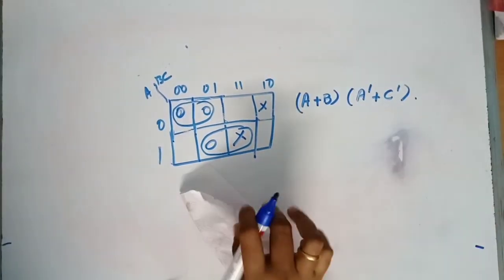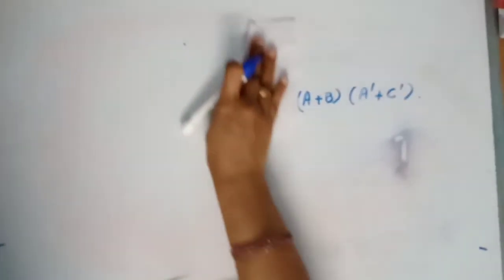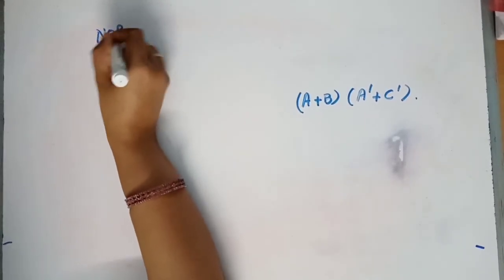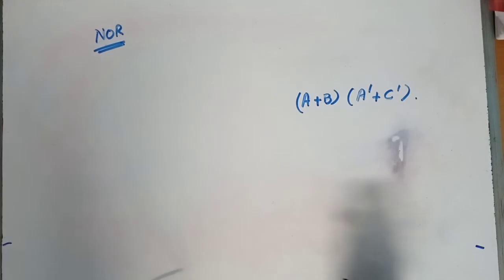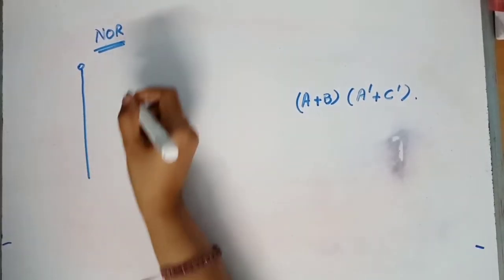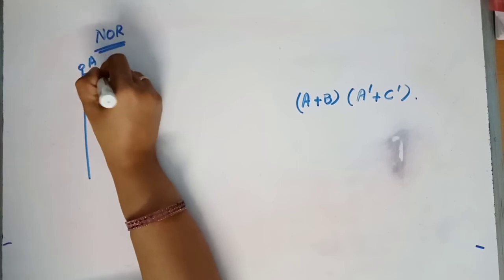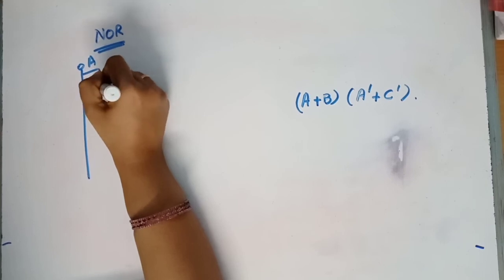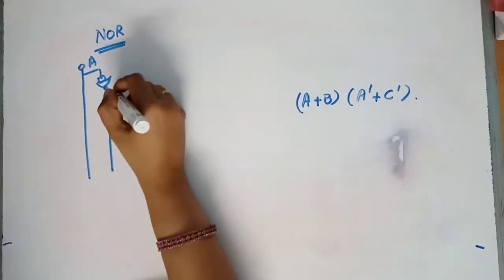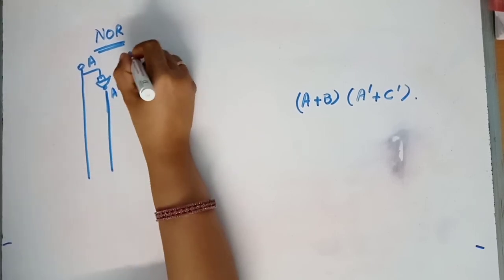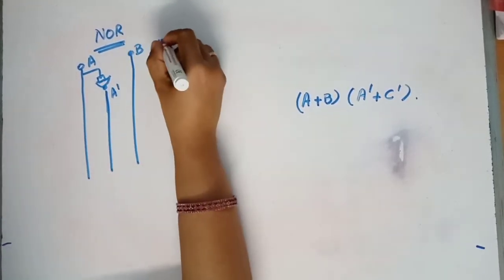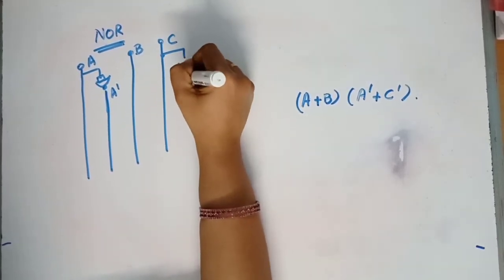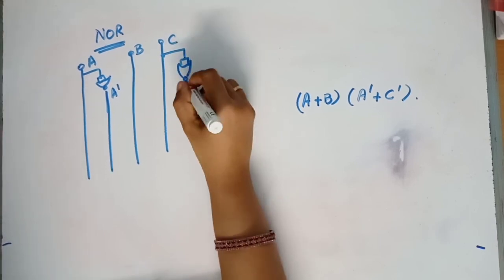Okay. And how will I draw this? In order to draw this, you have to go for NOR only. So in order to use NOR only, A bar, B, you don't have a B bar, you have C bar, so that is C bar.